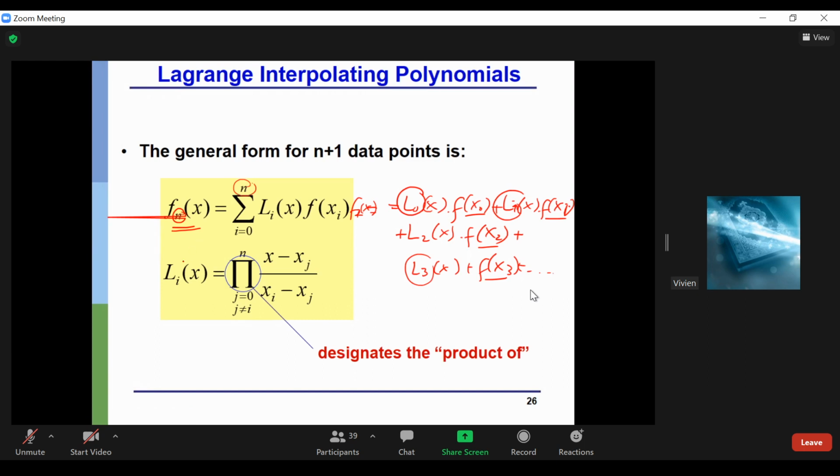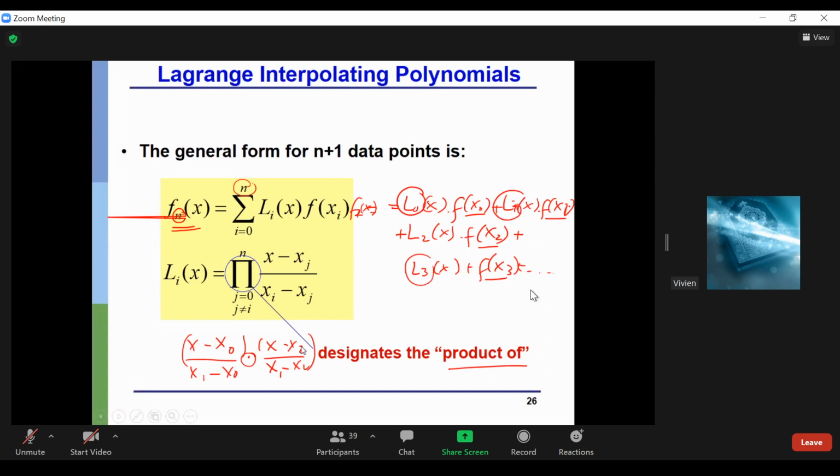So for example, for the first term, that will be x minus x0 over x1 minus x0, and then we multiply with the rest, x minus x and so on. So that will be multiplication.